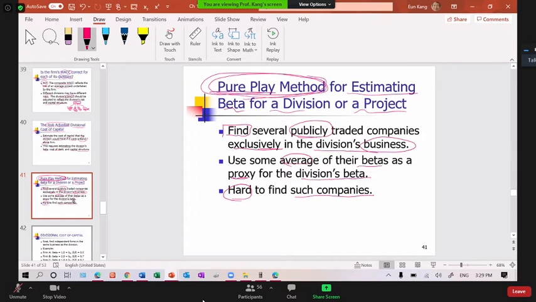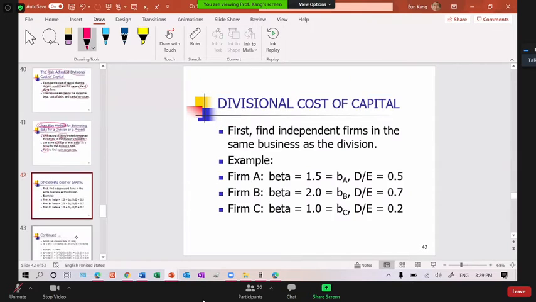But let's say we actually find 3 companies that solely engage in the same business as the division. That's why we call it pure play. Pure play means only engaging in that business, right? Firm A's beta is 1.5. Firm B's beta is 2.0. Firm C's beta is 1.0.